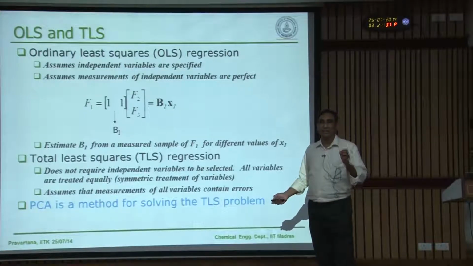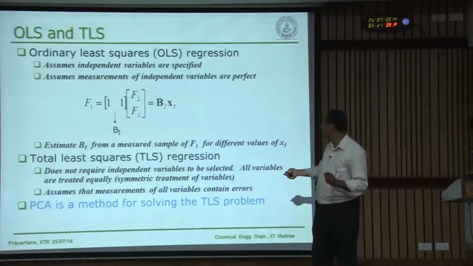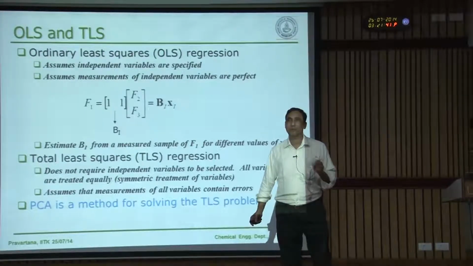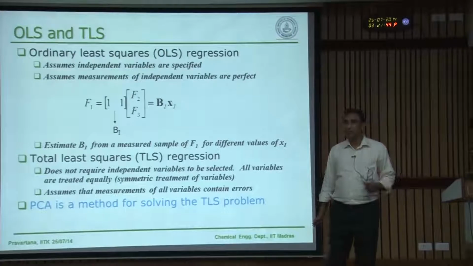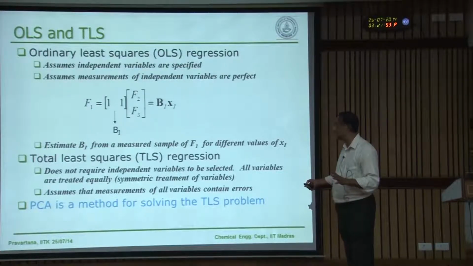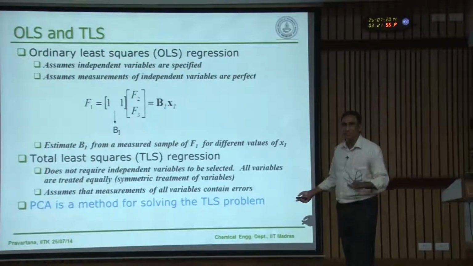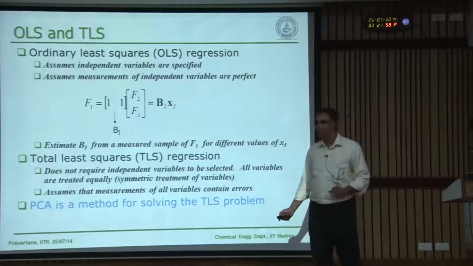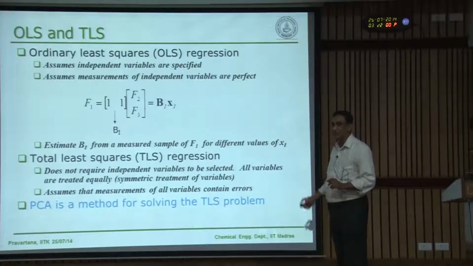You typically assume that the measurements of the independent variables are noise free. You never question that, although you have put in a sensor and you have measured this, you typically assume that the independent variables are perfect, and essentially all the error is in your dependent variable, and you do a least squares minimization, and you will get an analytical solution for this problem. That is called ordinary least squares regression.